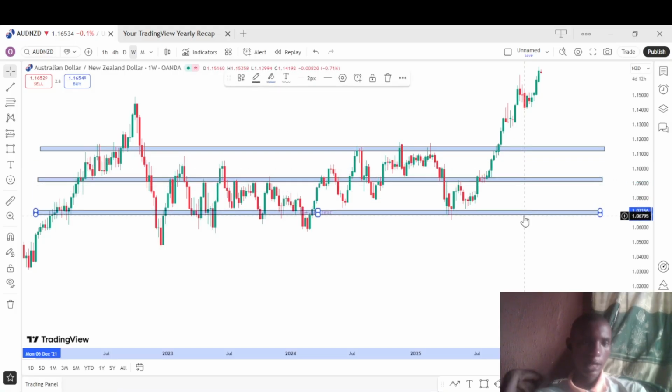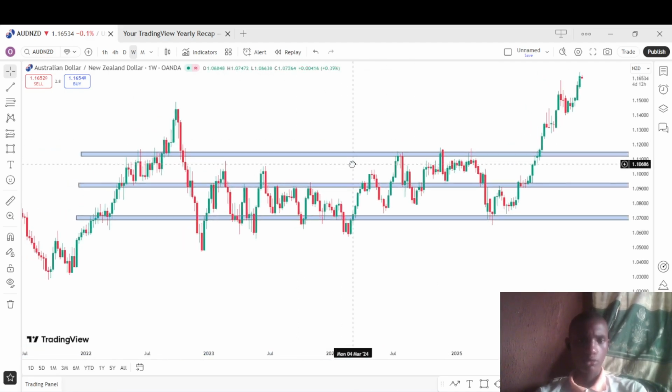So guys, how I'm able to draw this support and resistance is that you look for a place or places where there are clusters of candles, I mean, a collection of candles. If you look at this flowing well, you will see that there was a cluster of candles here, here, here.